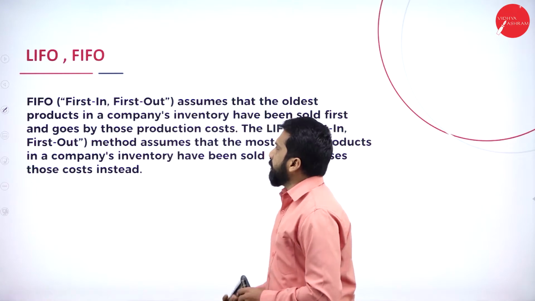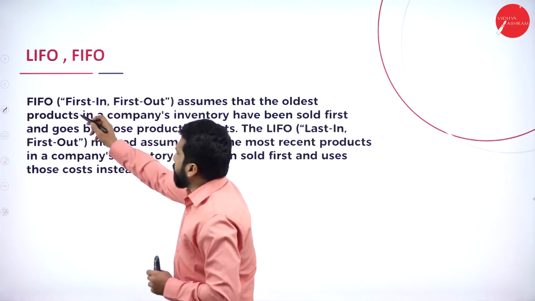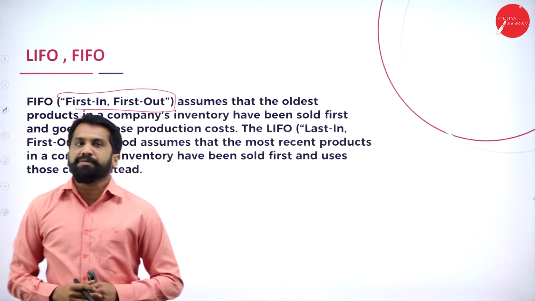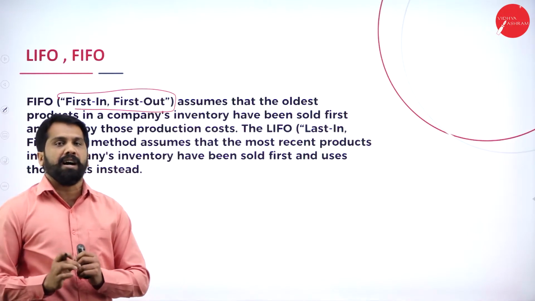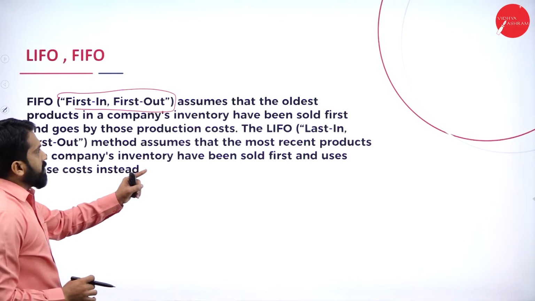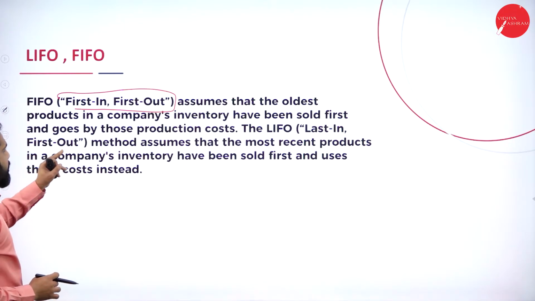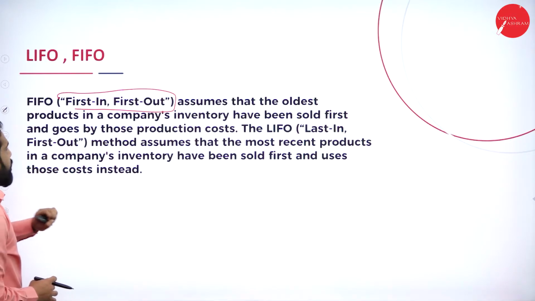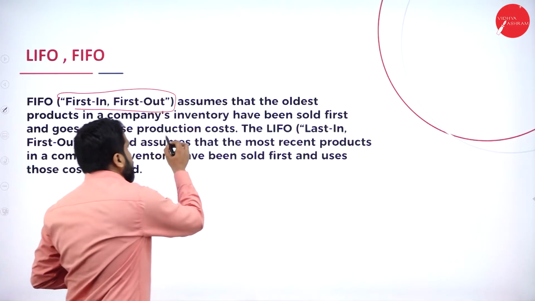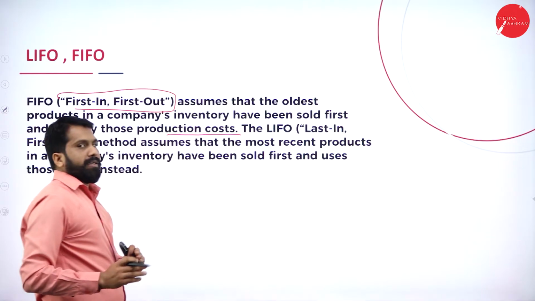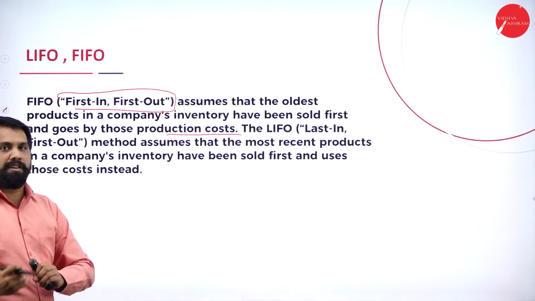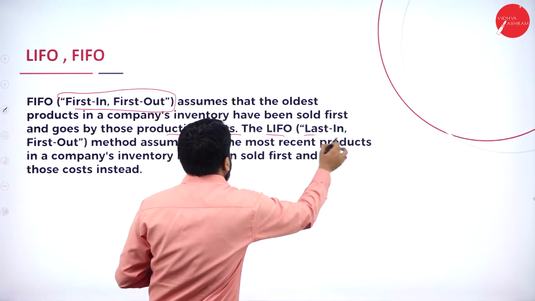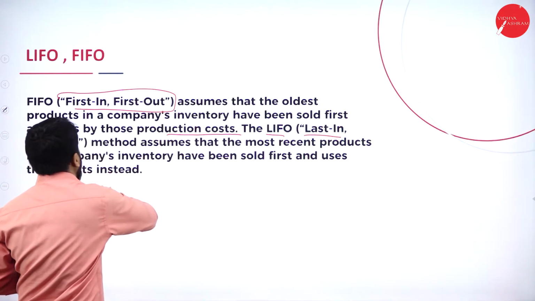Before we go to problems, we will understand what we mean by LIFO as well as FIFO. FIFO stands for first in, first out. It assumes that the oldest product in a company's inventory has been sold first, and goes by those production costs. I'll make you understand with a simple example. Now, LIFO stands for last in, first out.